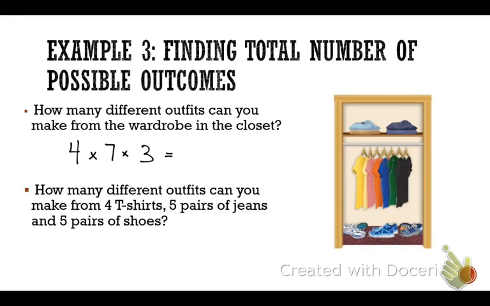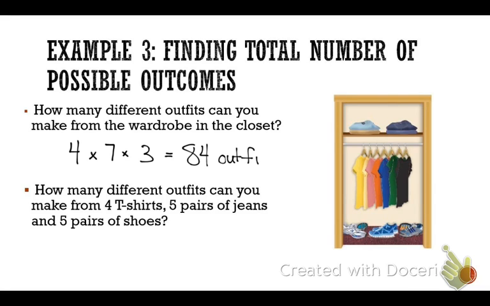I would multiply the easier numbers together first, like 4 times 3 is 12, and then 12 times 7 is 84. You could say 4 times 7 is 28, and then 28 times 3 is 84. The commutative property says you can multiply in any order. Once you multiply them, you get 84.